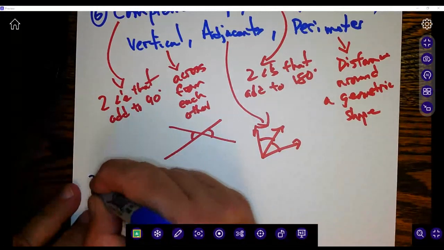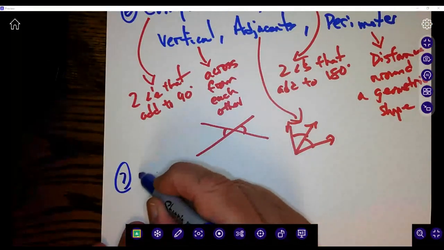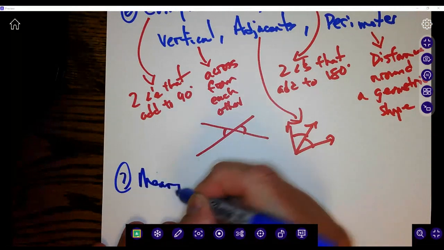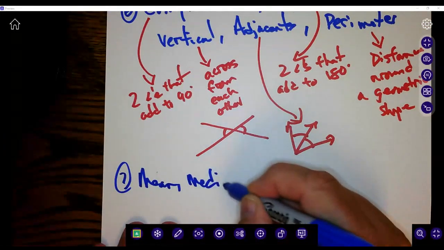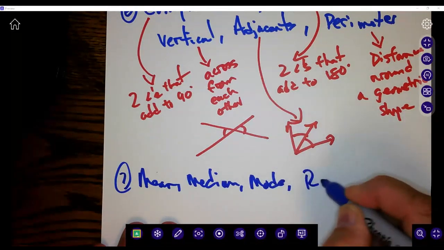And then the last thing that we did was some statistics with mean, median, mode, and range.